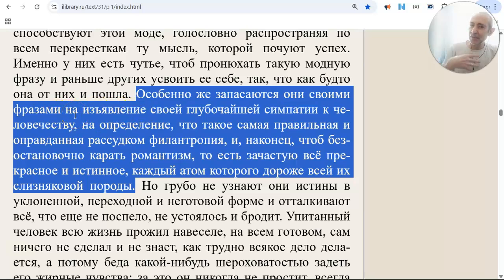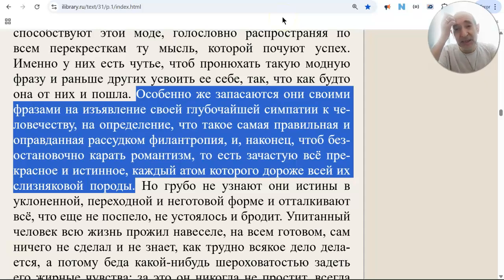So, they're saving those phrases for expression, на изъявление, for expression, своей глубочайшей симпатии. Their, глубочайшей comes from глубокий, which is deep. Now, глубочайшей means deep, deepest. Their deepest sympathy. К человечеству. Человечество means humanity. So, человечеству means to humanity. So now please see how it works, the beginning of the sentence.